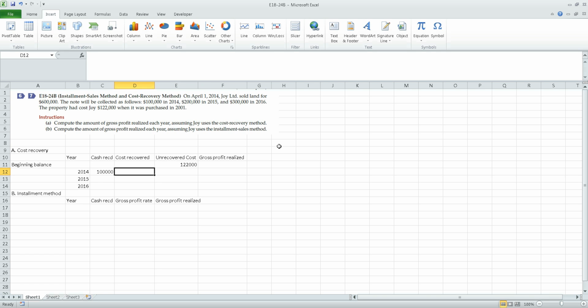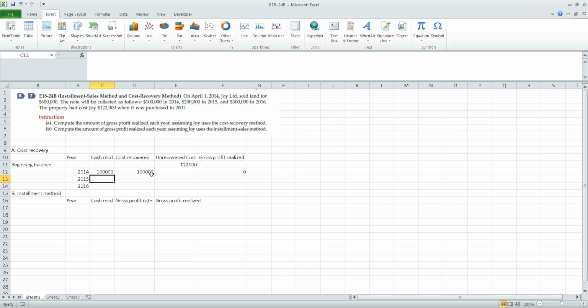So if the initial cost amount was $122,000, the first $100,000 that we collect obviously is a recovery of the initial cost, and there is no gross profit to realize in 2014 because none of the cash that we collect represents cash received in excess of the initial cost of the product that was sold, in this case land.